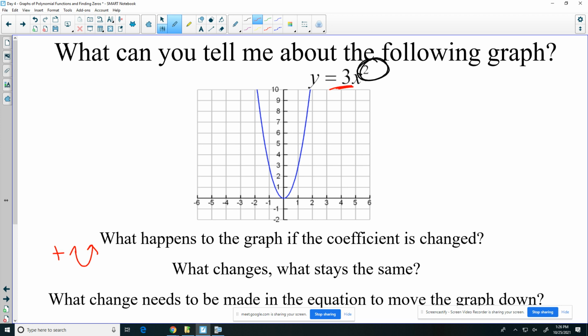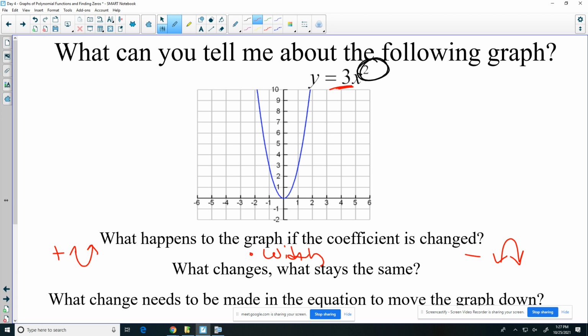If it's negative, it opens down. What else does that coefficient do? It changes whether it's wide or thin. Good. It also changes the width. So it determines my stretch factor as well. Is it skinnier or is it fatter? So it's doing two things.